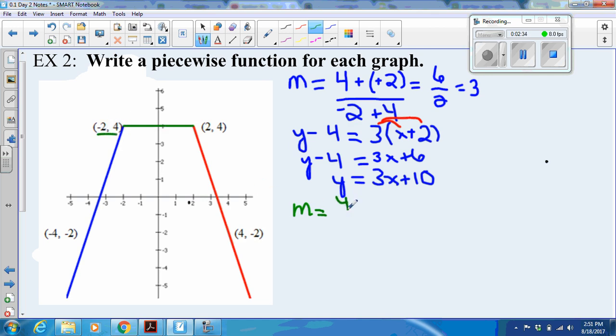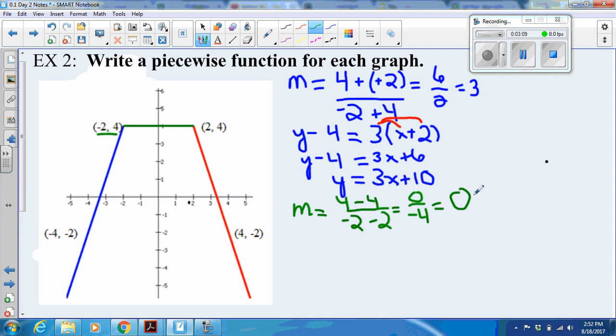So we have 4 minus another 4, and then negative 2 minus 2, which equals 4 minus 4, which is 0, over negative 4. Remember, if you ever have 0 in the numerator, that just gives us 0. This should be true: you should have a 0 slope whenever you have a horizontal line. So you really don't have to use the formula to figure out the slope of a horizontal line. You can always assume it's going to be 0.